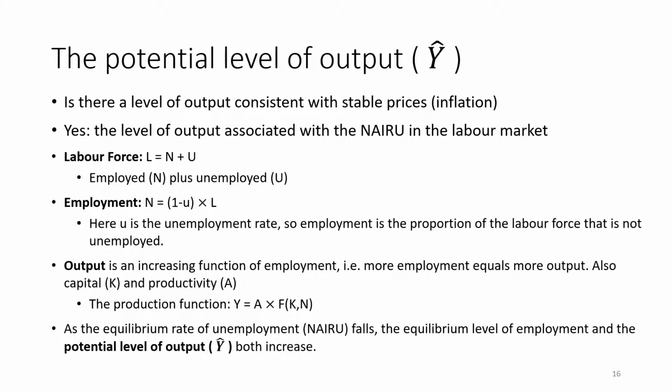So if small u is the unemployment rate, then the proportion not unemployed is just 1 minus this small u. Finally, output is determined by a production function where we've got inputs of capital and labour, and then we've got total factor productivity that tells us how efficiently these inputs can be used. Now, the potential level of output is basically the level of output where the unemployment rate is equal to its NAIRU.